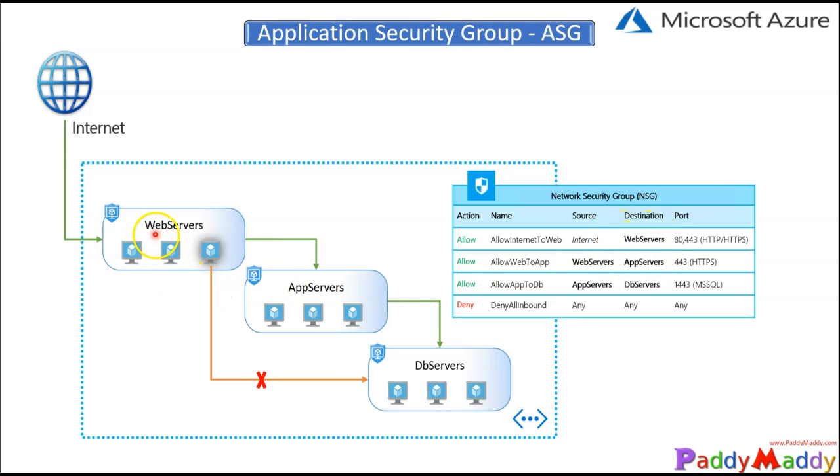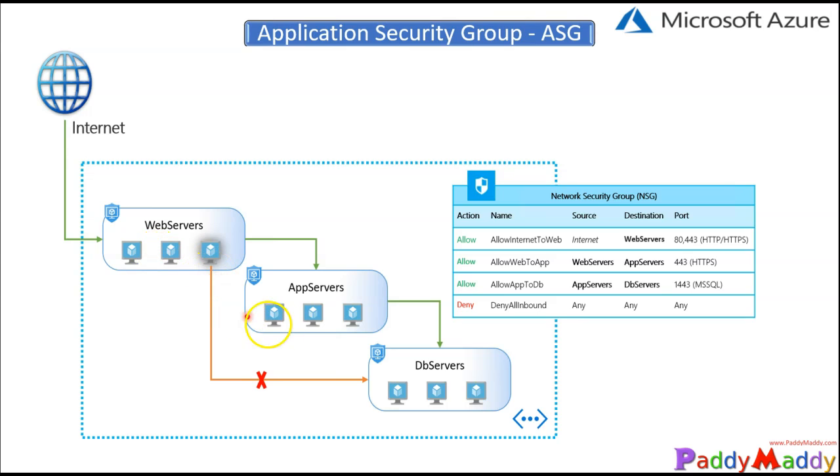That means web servers is the application security group name. So what we have done is we have grouped these three servers, and we labeled the group as web servers. That's the name we have given for this ASG name. So it can communicate on port 80 and 443.